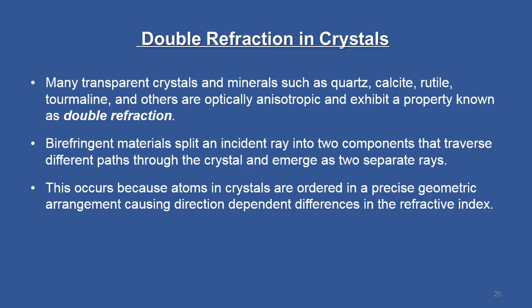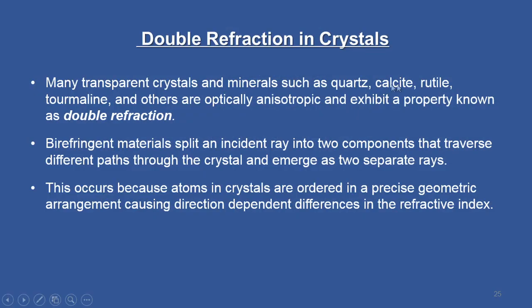So, now we will look at what is double refraction in crystals, because we are going to look at the concept called birefringence, and for that we need to know what is double refraction in crystals.